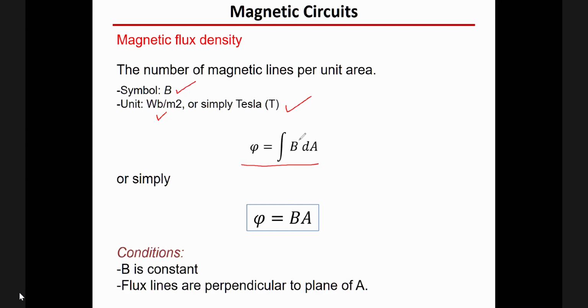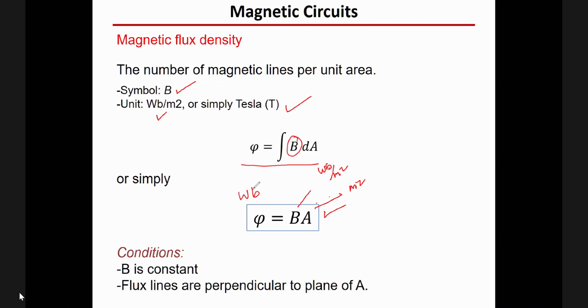If this density is constant, meaning that the distribution of a flux over area is constant, we can say directly that flux is equal to density multiplied by area. Makes sense, because remember that the unit of this is Weber per meter square, and this is area, meter square. So of course, if you multiply both of them, they will give you Weber.